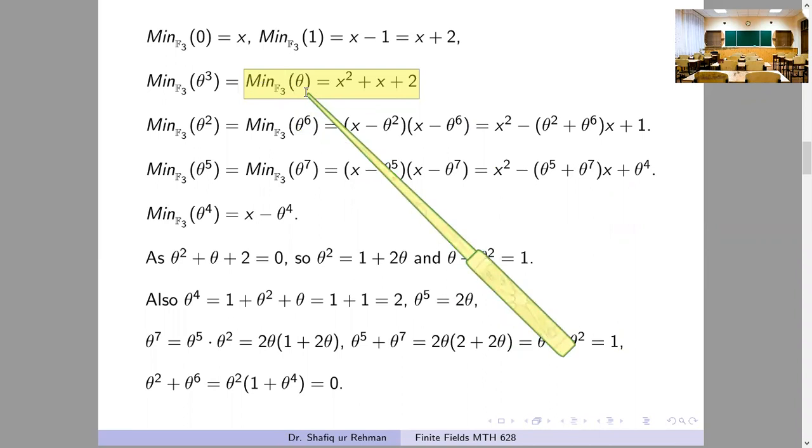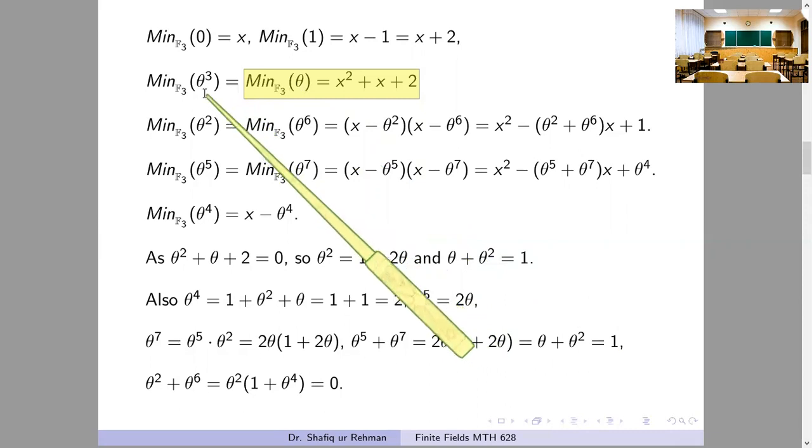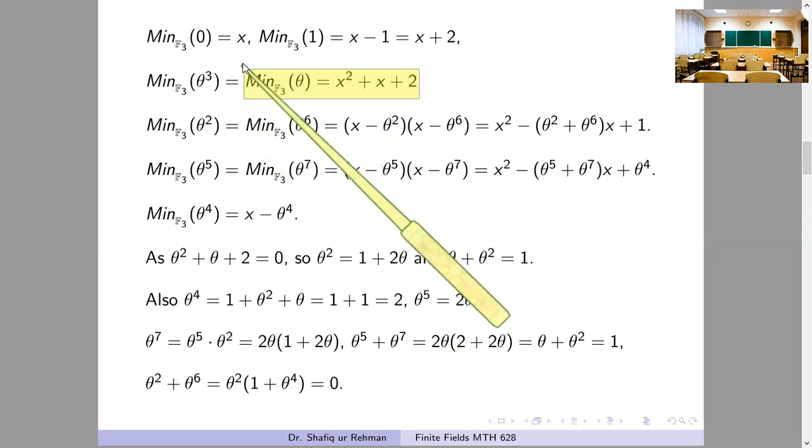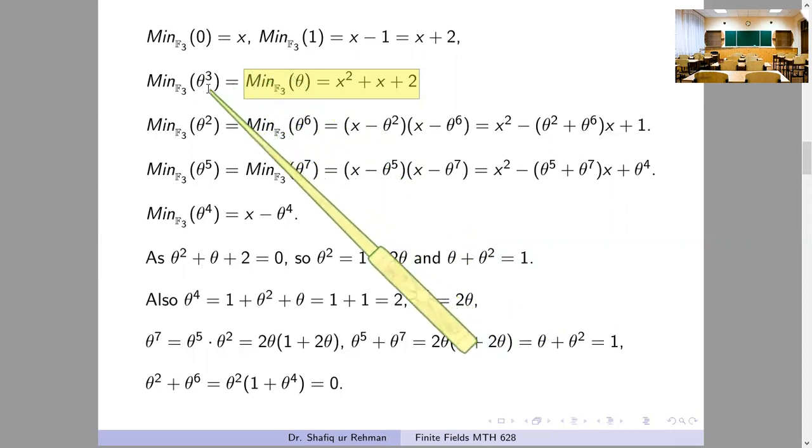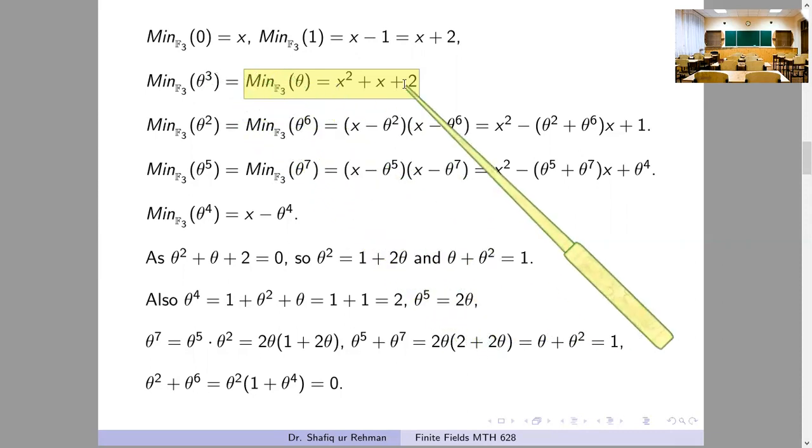Our target is to find the minimal polynomial for the remaining elements, and all the elements are in fact powers of the primitive element. So for theta cube our job is very easy, because theta cube is conjugate to theta, so it will have the same minimal polynomial.